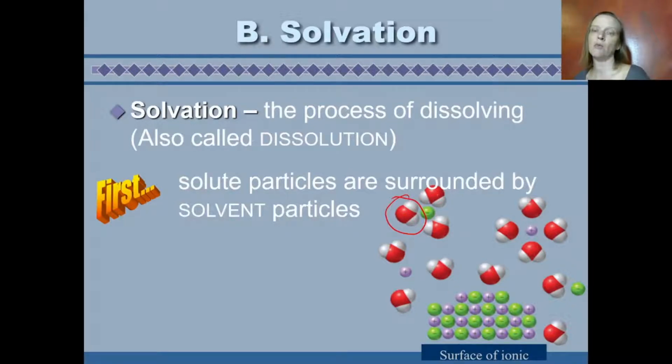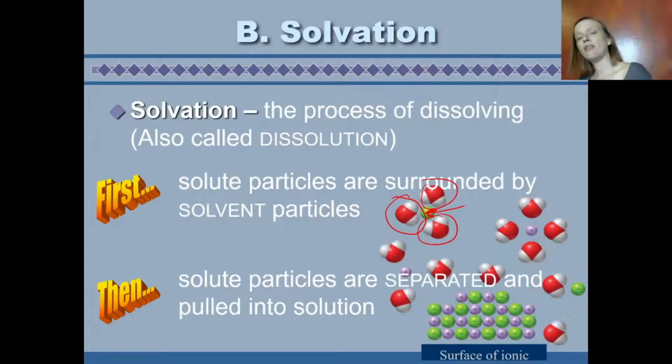So you can see we've got lots of water molecules around. And here we've got sodium chloride or some other ionic substances where we have positively charged ions and negatively charged ions. So the solute particles become surrounded by these solvent particles. And then those solute particles are separated and pulled into solution.